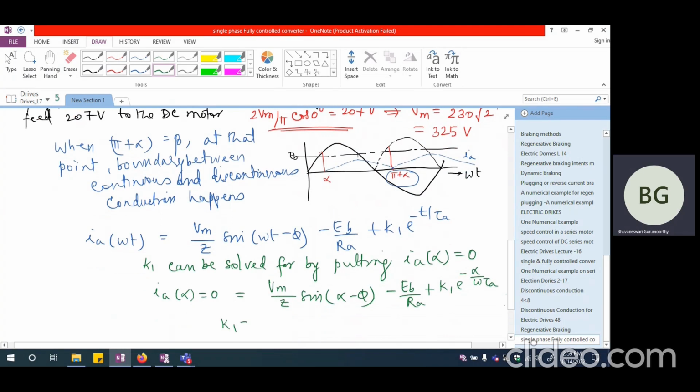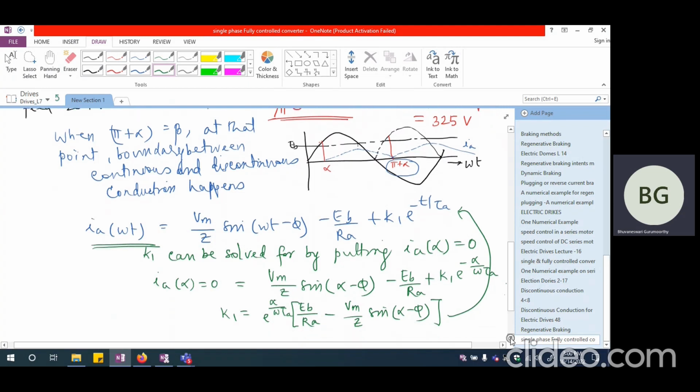K1 will come out to be E_b divided by R_a minus Vm by Z sine of (α minus φ). The whole thing has to be multiplied by e power α divided by ωτ_a. So this is K1. Now substituting this K1 here in this equation, we should be able to get a closed form expression for i_a(ωt).